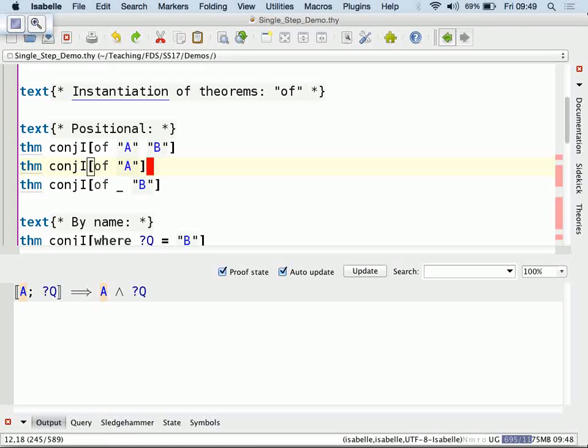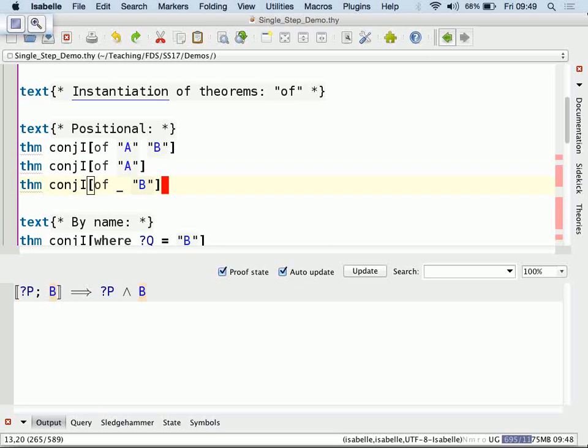And you can also not instantiate some part of the formula by just writing an underscore. So here, in the line where the cursor currently is, you have instantiated the first variable, the P became an A, but you can also say, I want to instantiate the second variable, and then you write it like that.